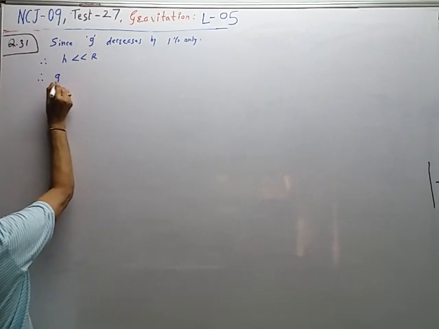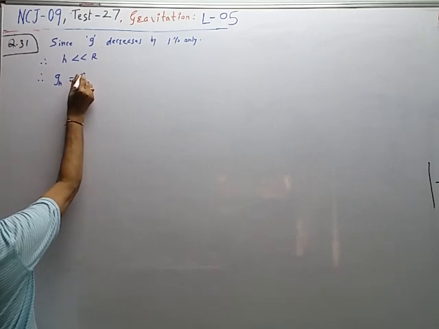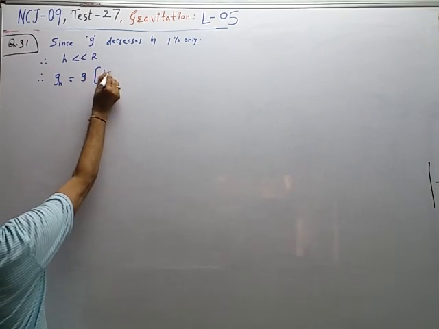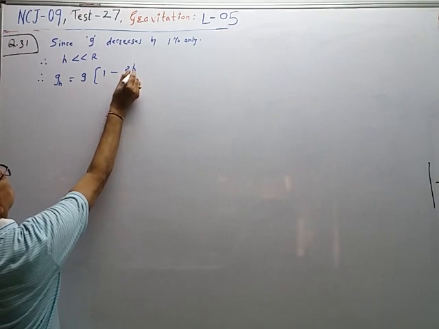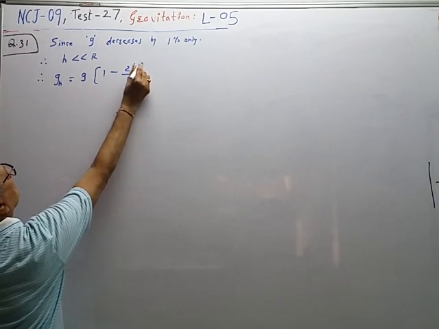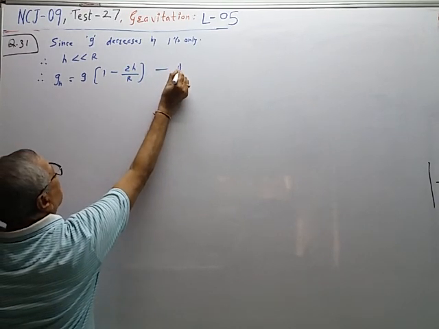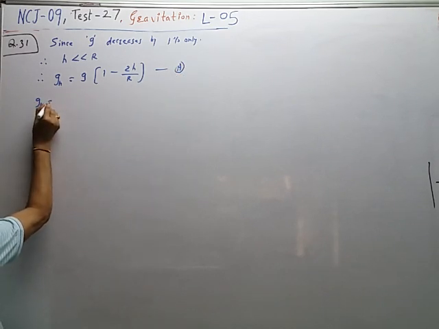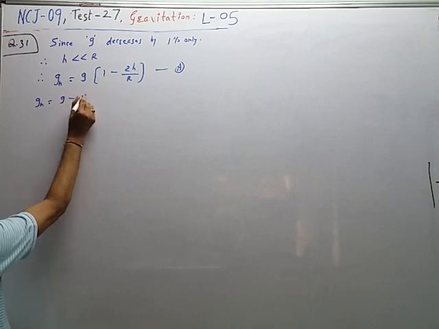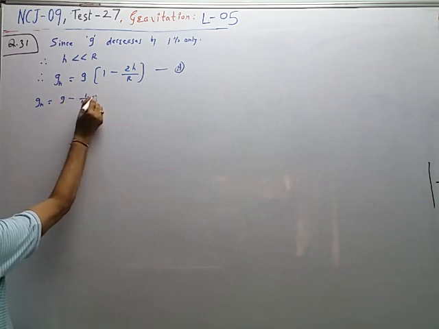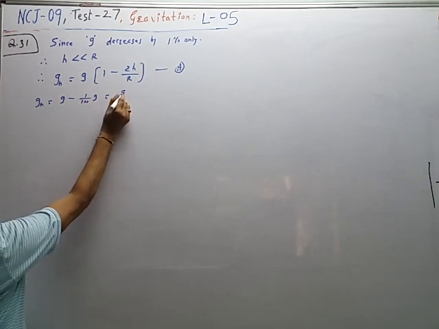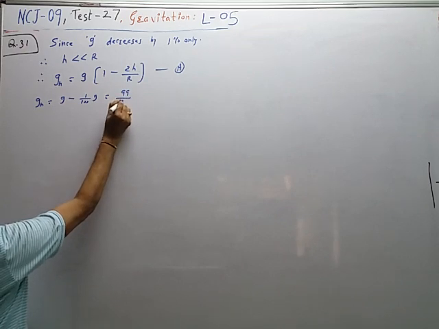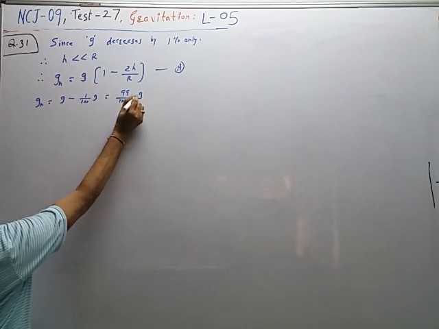Therefore g_h is equal to g into bracket 1 minus 2 times h by r. This is equation capital A. G is equal to g minus 1 upon 100 g, that is equal to 99 upon 100 times g.